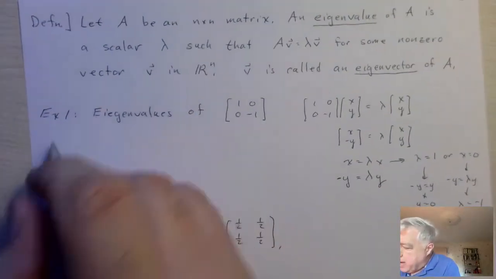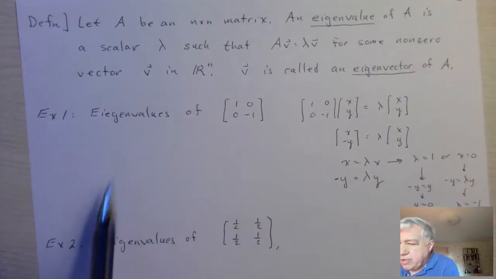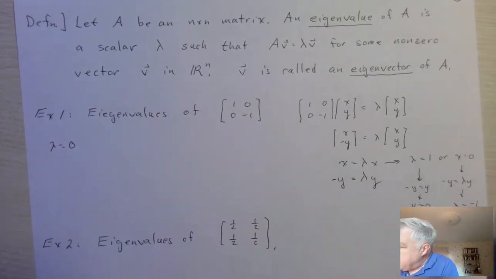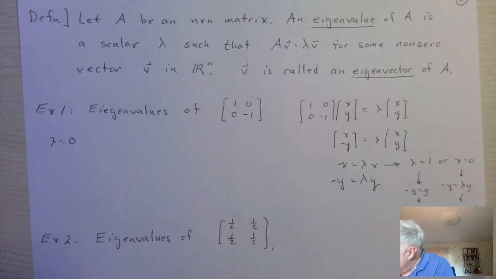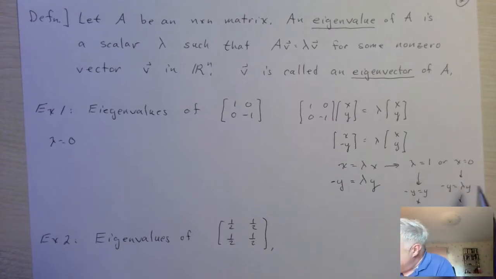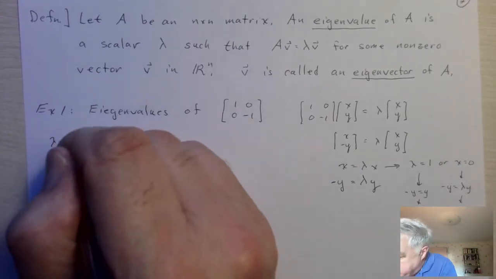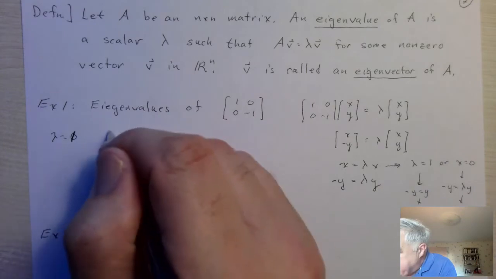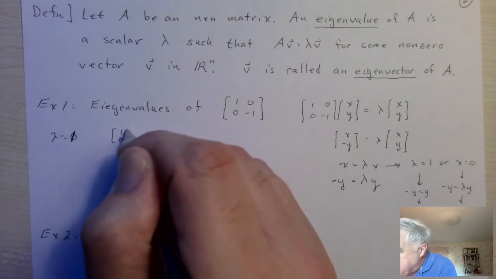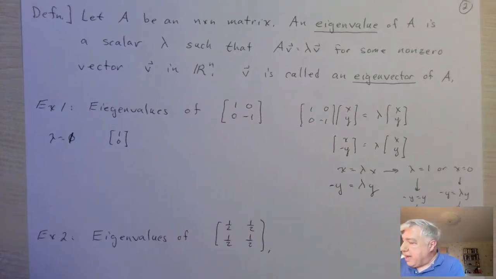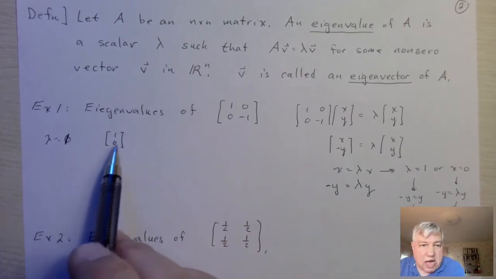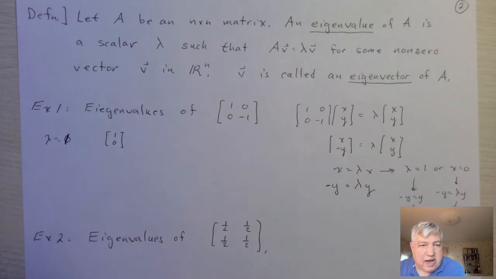Okay, so to list the eigenvalues, we have lambda equals 1, my bad, and lambda equals negative 1. For lambda equals 1, that gives us y equals 0, so the eigenvector, well, certainly (1, 0) is going to be an example of that, one of many eigenvectors.